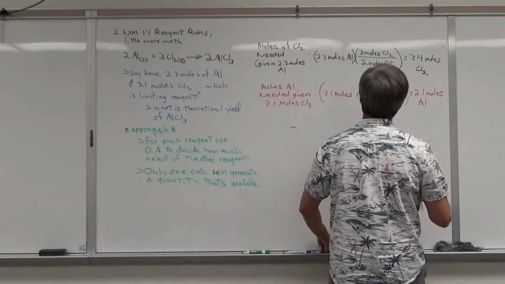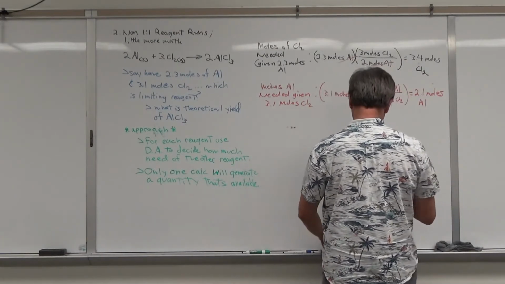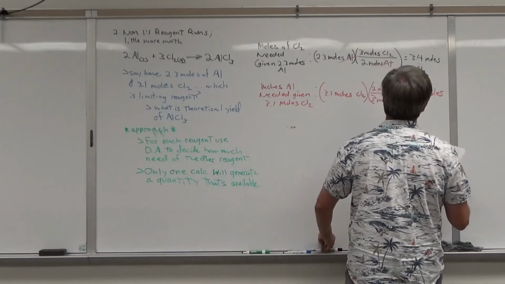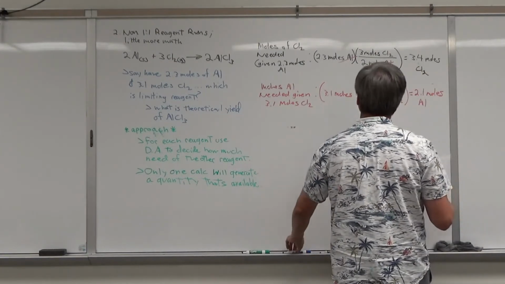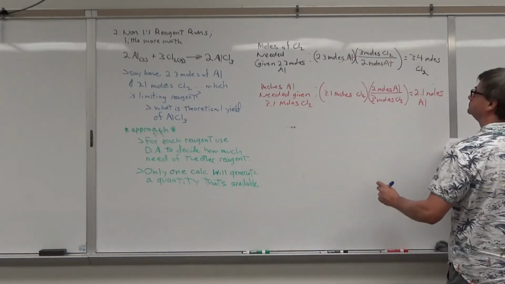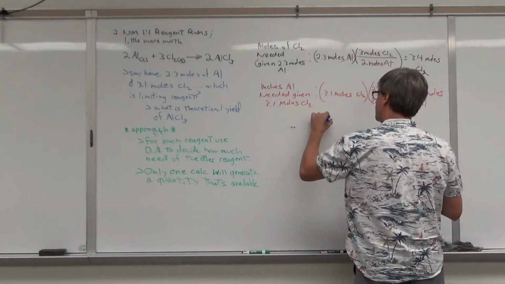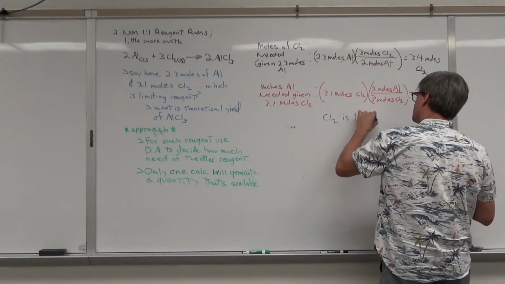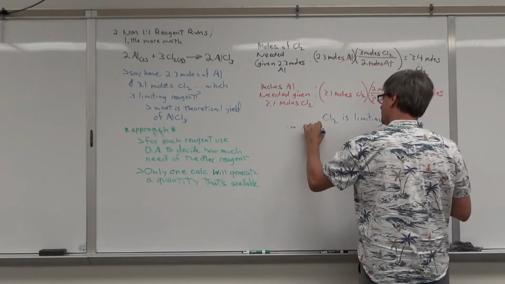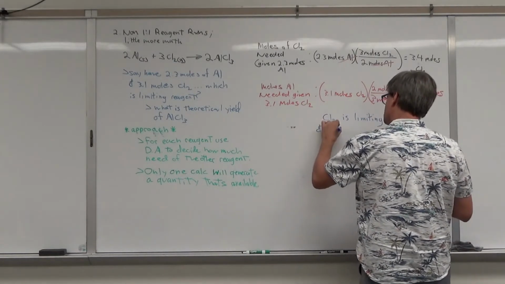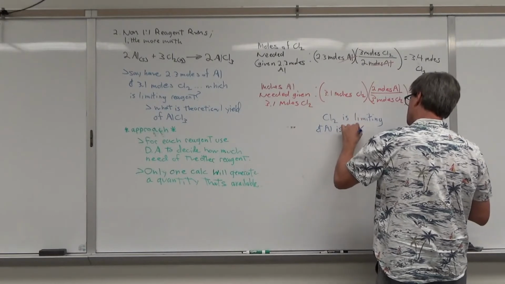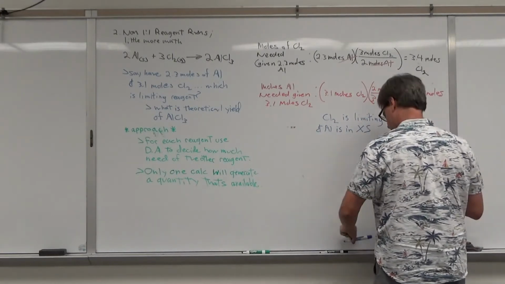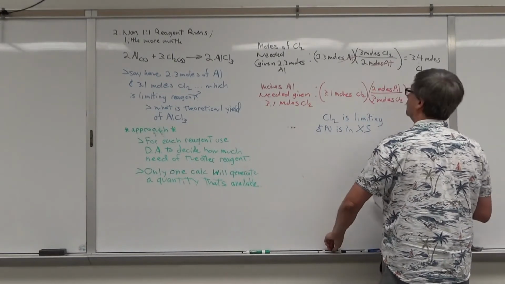So chlorine is limiting, aluminum is in excess.